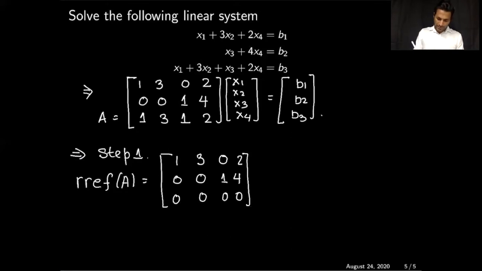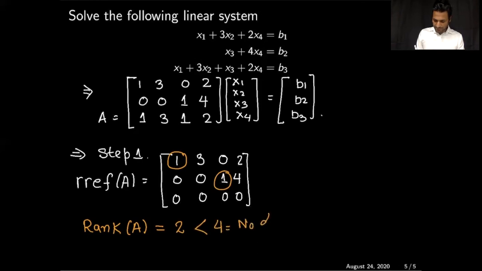And you can see from this row reduced echelon form, there are two pivots in this matrix. Therefore, this implies the rank of this matrix A is 2, which is strictly less than 4. 4 is the number of variables in the system.